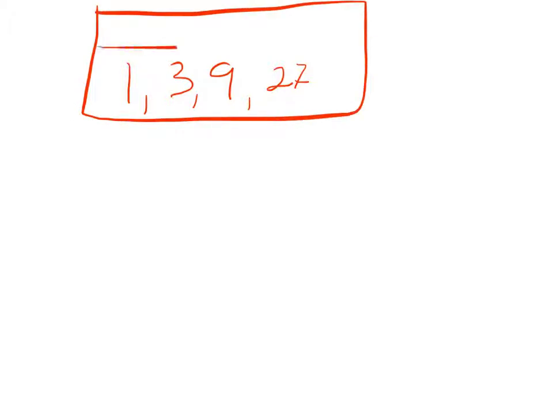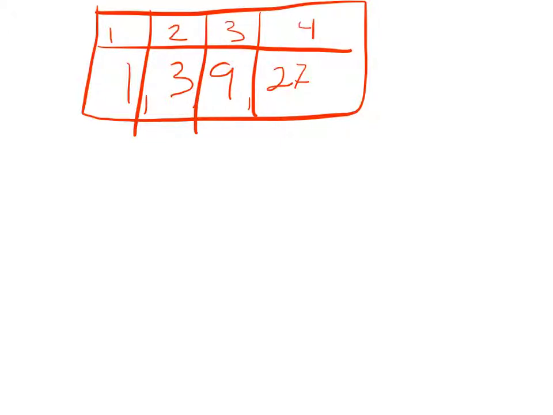Alright, in example 4, we want a formula for another sequence, and this is our geometric sequence. Again, if I put it into a box here, first, second, third, fourth number there. So we've made this table.